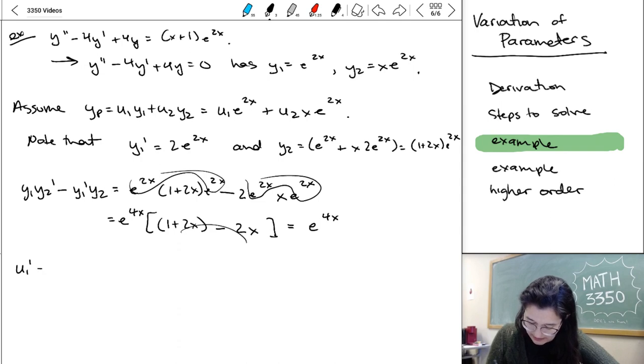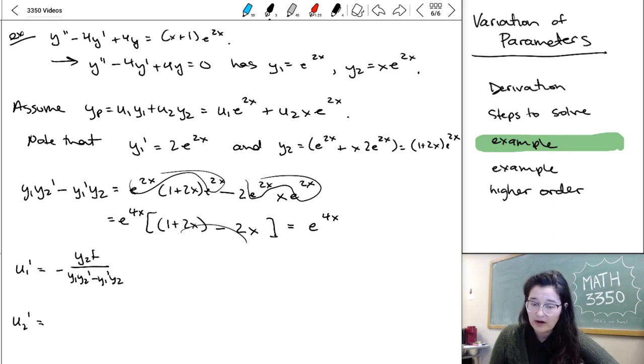So I'm going to go ahead and try to find u1 prime and u2 prime. u1 prime is given by minus y2 f over y1 y2 prime minus y1 prime y2. And u2 prime is given by y1 f over y1 y2 prime minus y1 prime y2.